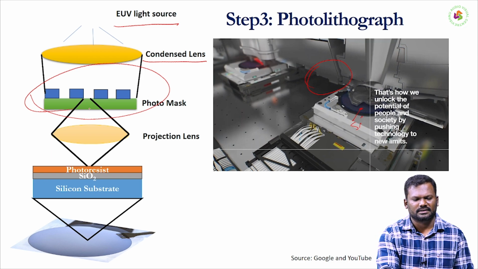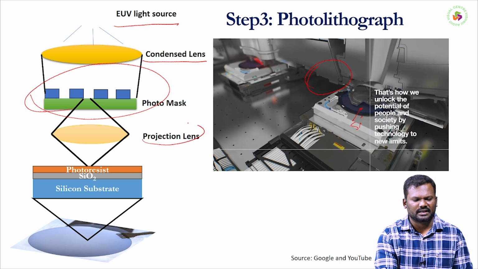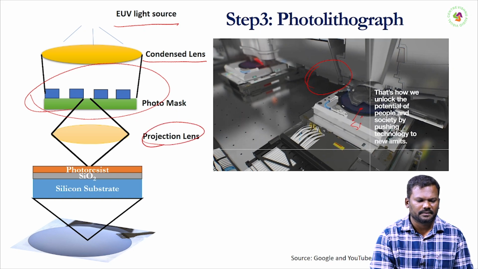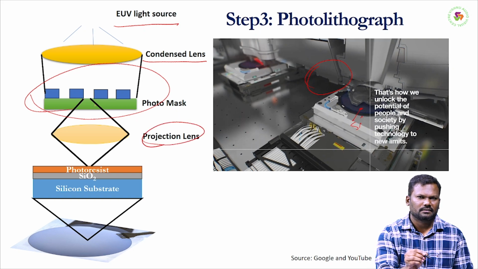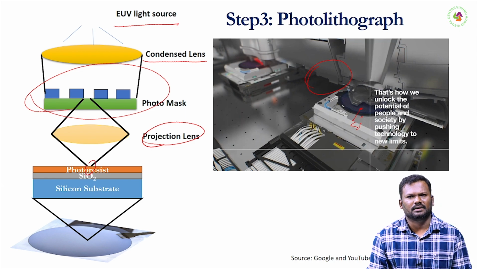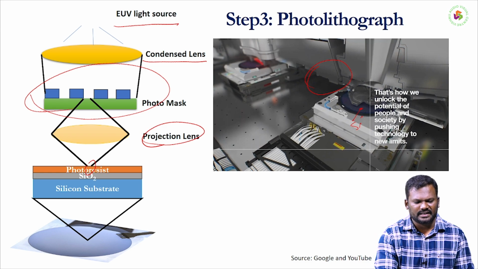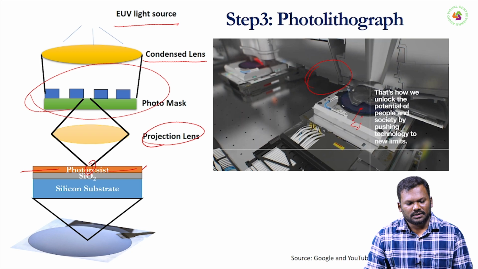The light falls on this photomask, and using the projection lens, you are transferring this light to the particular location in the nanometer or micrometer range. If it is a positive photoresist, we can remove this portion, or if it is a negative photoresist, we can remove this portion. Positive photoresist is what is used.